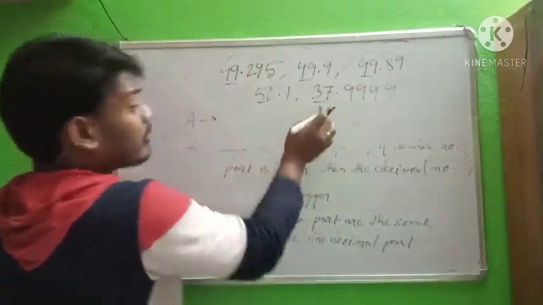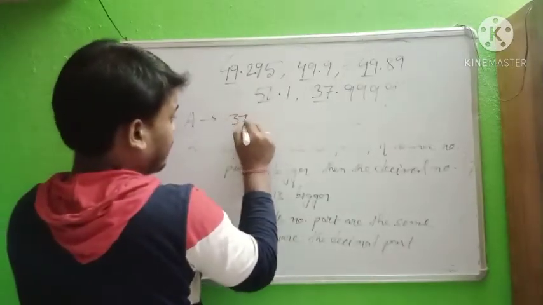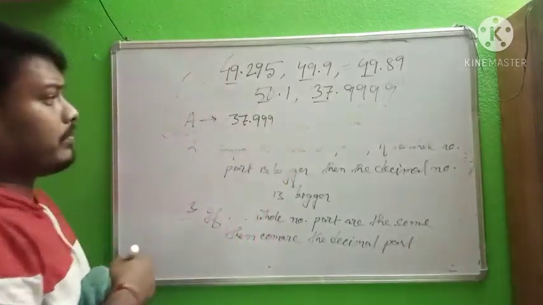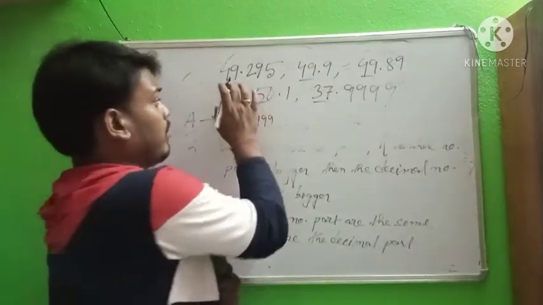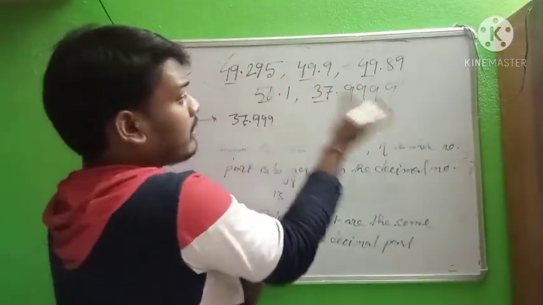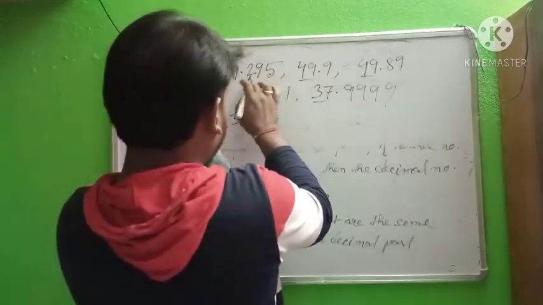So 37 is smaller, 37.999. Then 49, 49, 49, 50. So 49 is smaller: 49.295, 49.9 and 49.89.